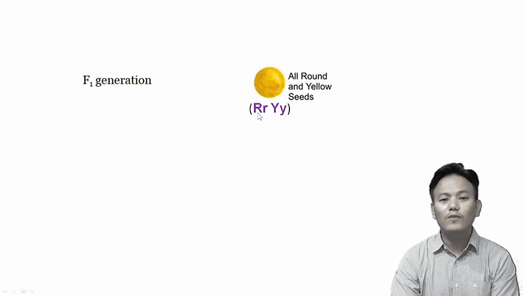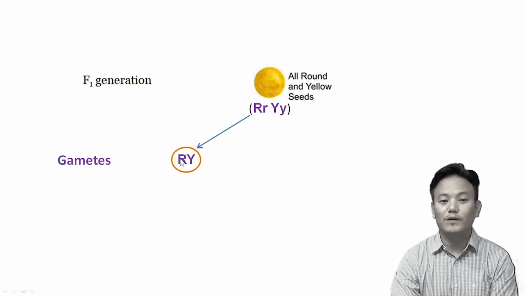So how will the gametes form? This capital R can come along with this capital Y to form this particular gamete, one capital R and one capital Y. It is also possible that this capital R will come along with this small y and form this gamete.